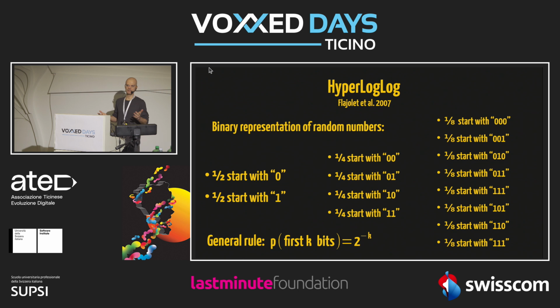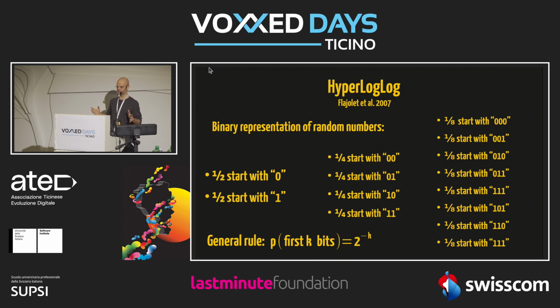But we can go a bit further, and say that 1/4 of all these random numbers start with 00, another 1/4 start with 01, another 1/4 start with 10, and so on. I also put the 1/8, but the main intuition is this one, of course.